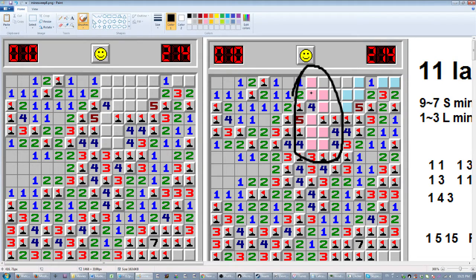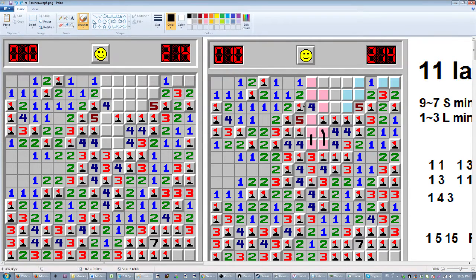But basically, both of these have a variable amount of mines in them. The left one has one mine here and one mine here, so there are 4 mines in this whole thing.